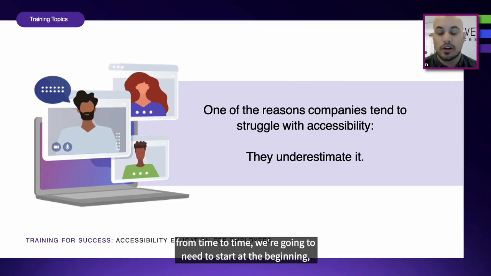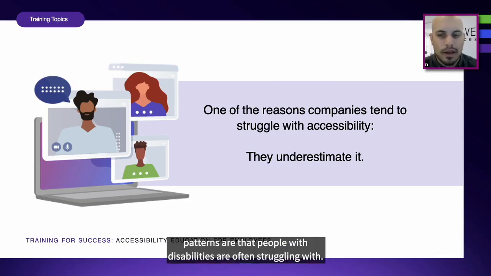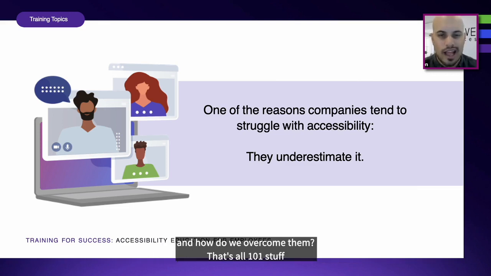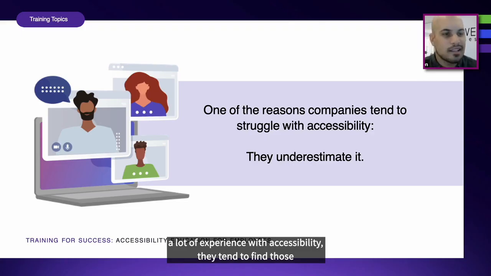We're going to need to start at the beginning to understand where inclusivity begins and to understand what those common patterns are that people with disabilities are often struggling with. How do people use assistive technologies? What are the main challenges and how do we overcome them? That's all 101 stuff that is really, really beneficial to teams, even those that have a lot of experience with accessibility. They tend to find those introductory courses to still be really valuable.